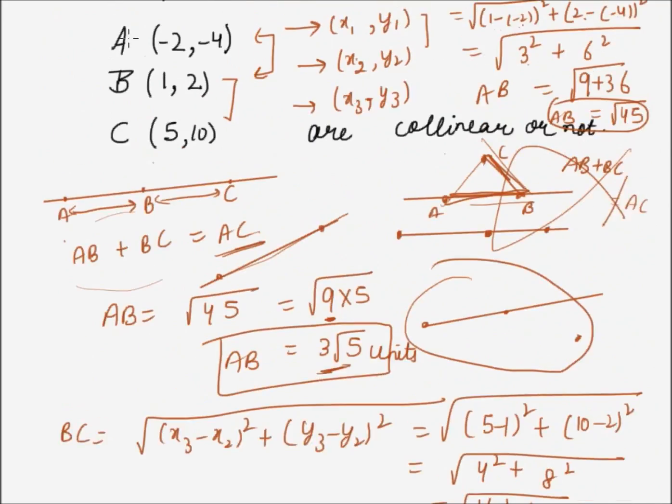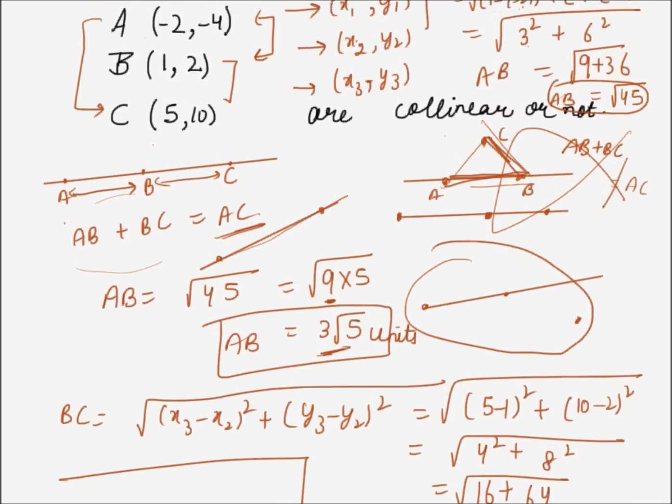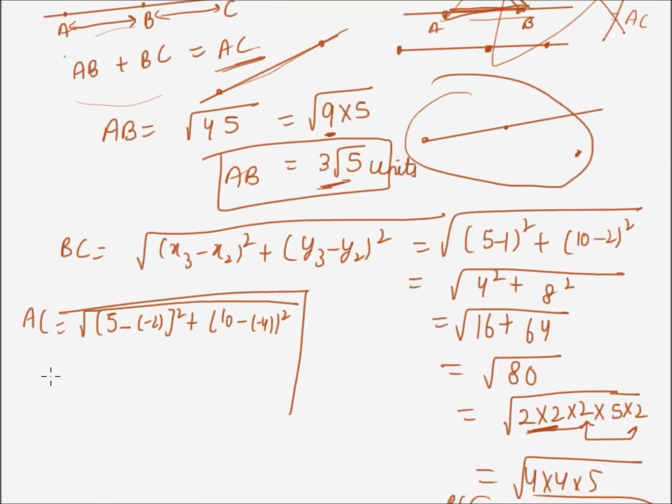Now let us calculate AC. For AC, it will be x3 minus x1 whole square, which will be 5 minus 2 whole square plus 10 minus 4 whole square. So we will be having 5 plus 2, that is 7 square, plus 10 plus 4, that is 14 square.